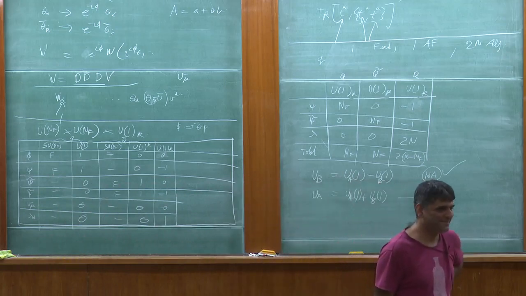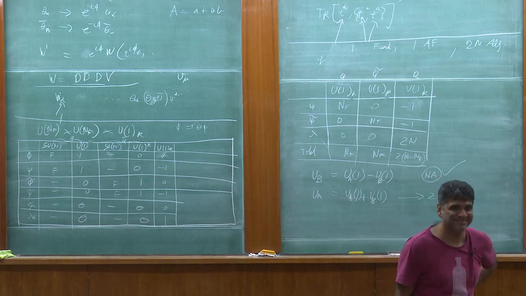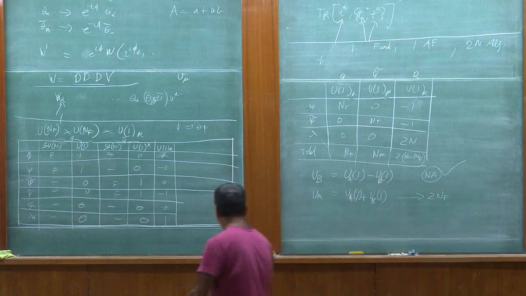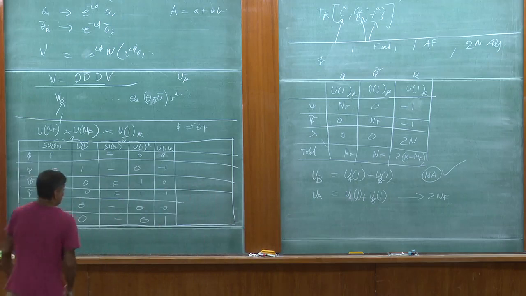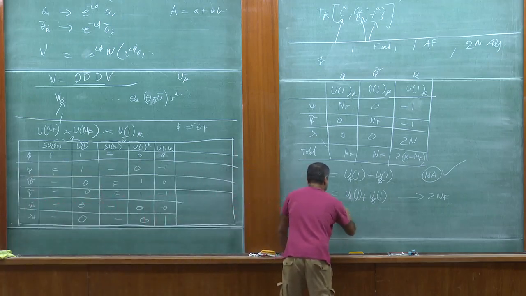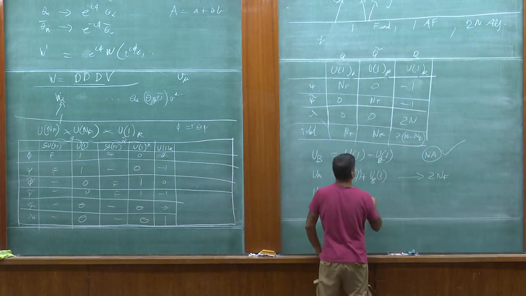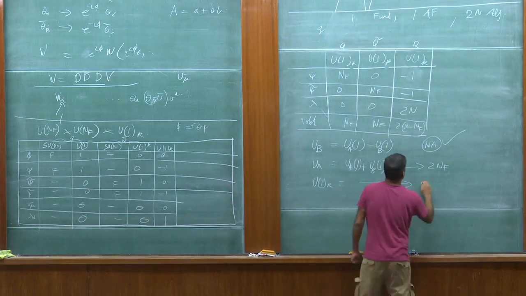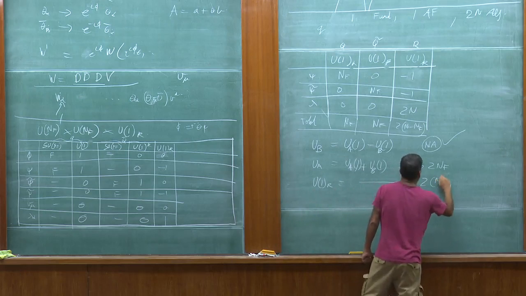All good? Okay, so this guy carries anomaly coefficient 2NF. And if I look at the R symmetry, this guy carries anomaly coefficient 2 into n minus nf.